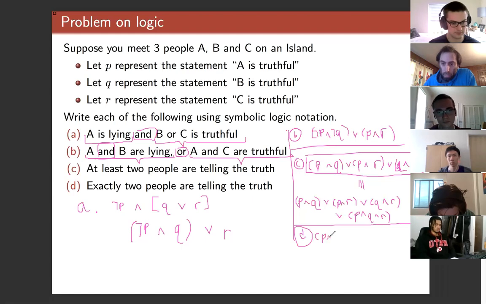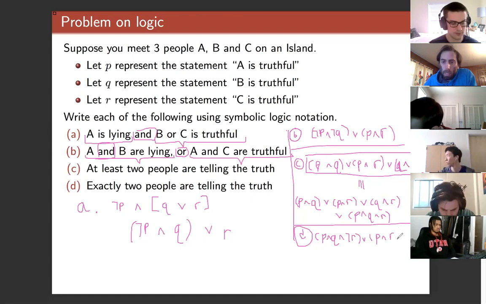That would be P and Q and not R. Or it could be that A is telling the truth and C is telling the truth, but B is not telling the truth. So that would be P and R and not Q.